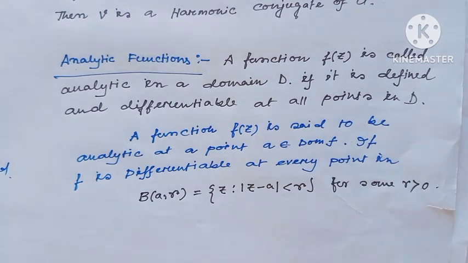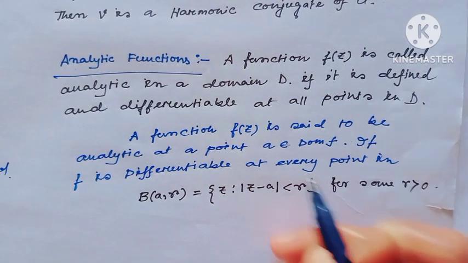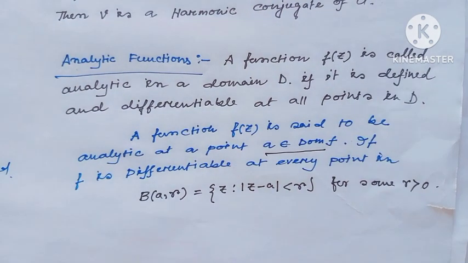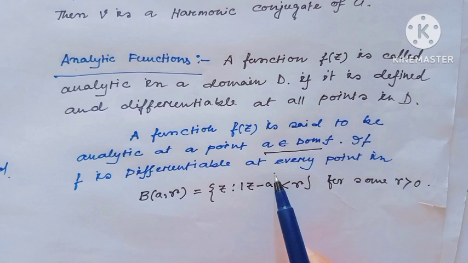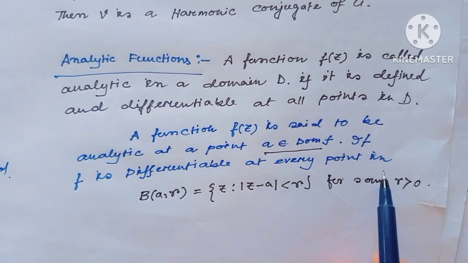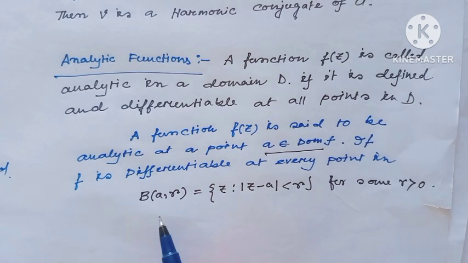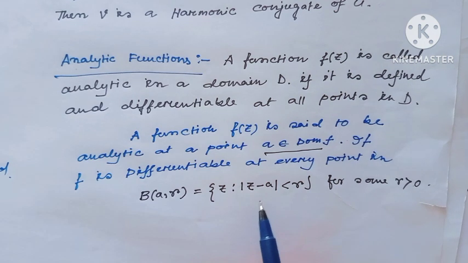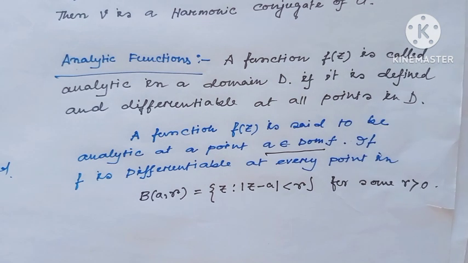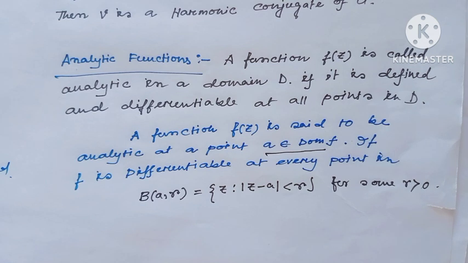We can say that f is analytic at a point a in the domain if f is differentiable at every point in the ball B of a such that |z - a| < r, and this is true for some r greater than 0.